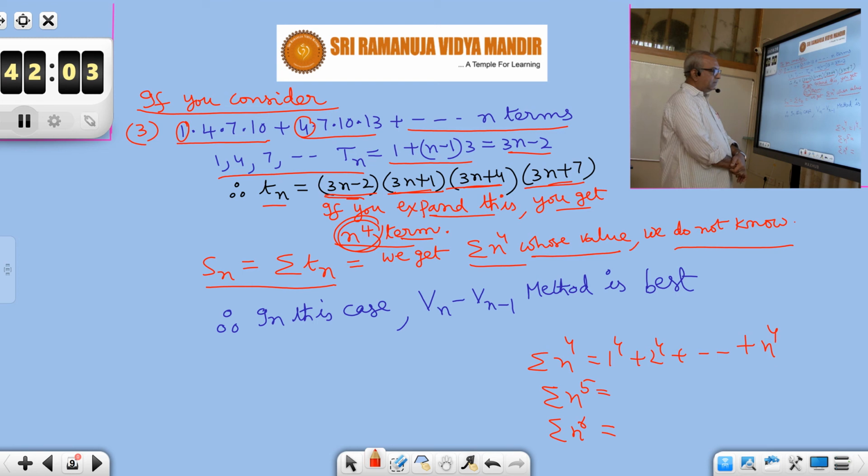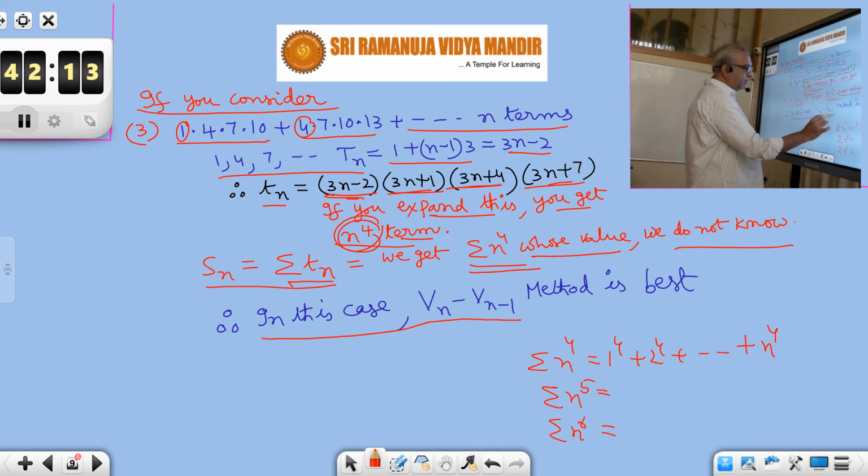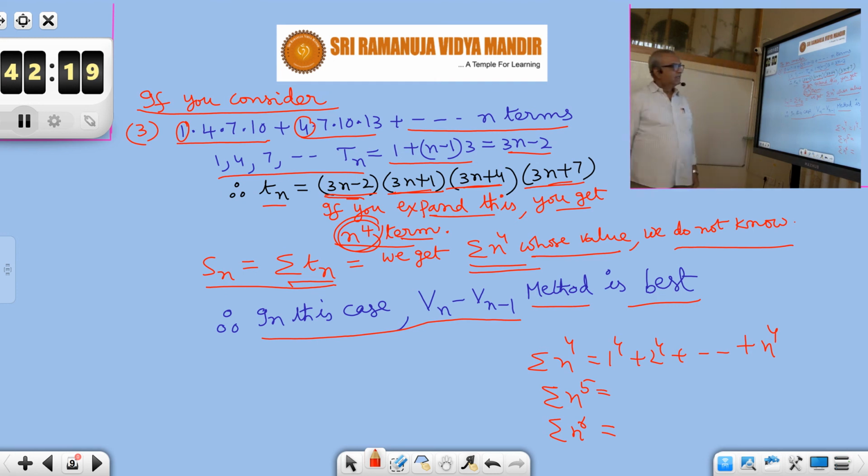Okay. So here, using the sigma method, you will face a problem. But in this case, if you use the Vn minus 1 method, then you will get the answer very easily. So that is the advantage of this telescopic method.